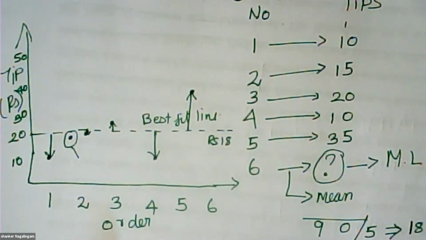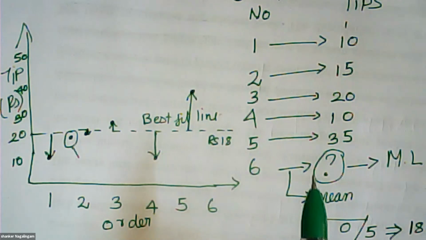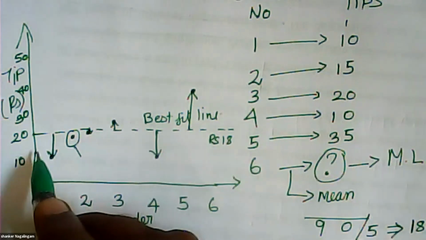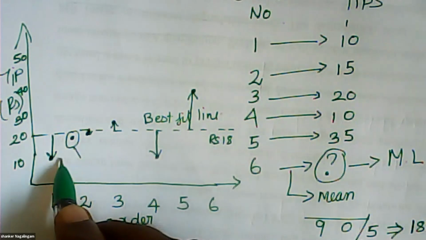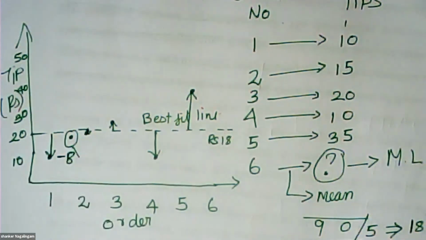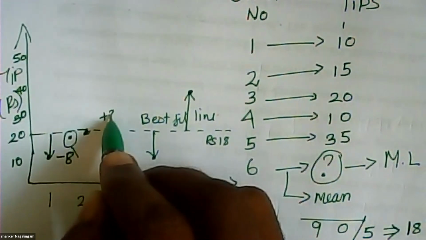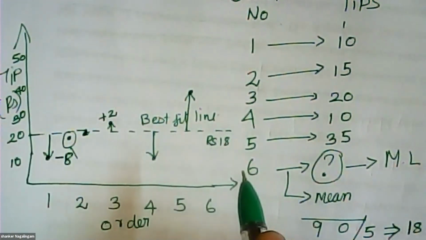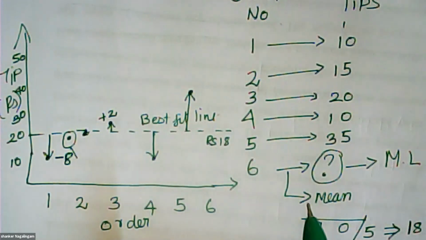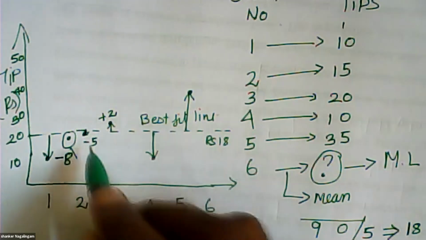Now, if I mark the differences, 18 is your average value. For the first order, when I subtract it, it is about minus 8. Then your third order is plus 2. It is above the value by 2. Now when you go for your second order, it is about minus 5.